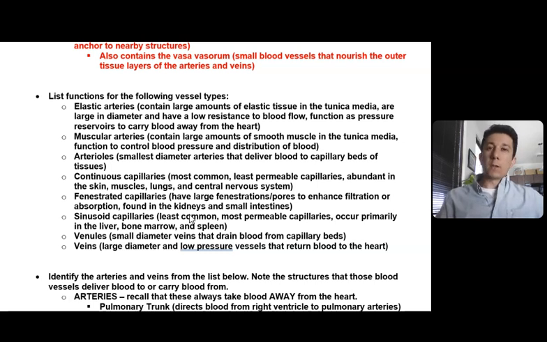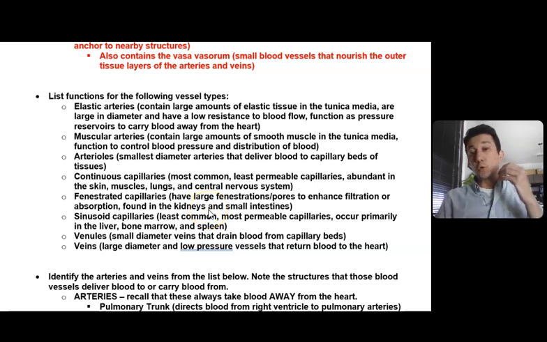And one really important place that we're going to examine in this class where that filtration or absorption occurs is in the kidneys. So we'll see that the kidneys use fenestrated capillaries to separate some of the fluid from the blood, so that way the kidneys can then work to process the blood and cleanse it of any waste, and then return that cleansed fluid eventually back to the bloodstream.